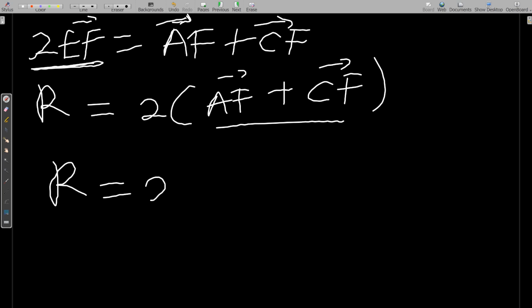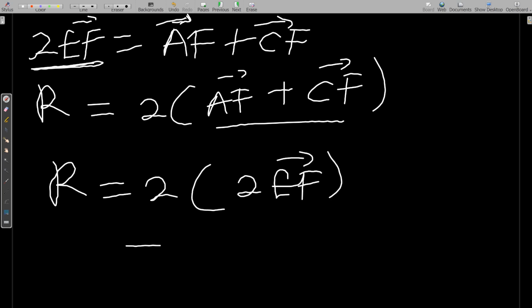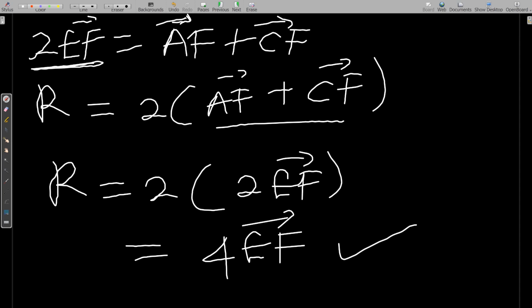So the resultant will be equal to 2 into 2EF, and this will be equal to 4EF, which is the required solution we wanted to show: that the resultant of the forces acting at the corners, or the vectors A and C, of the quadrilateral ABCD is actually equal to 4EF, and this has really shown it.